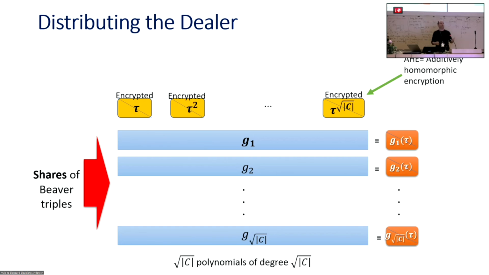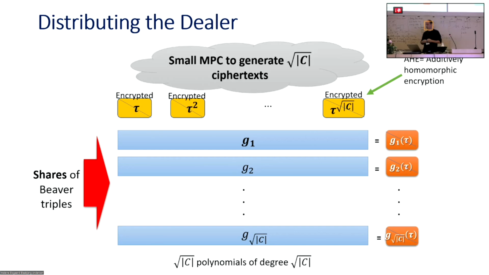So if we look at this process, where do the parties need to interact? First of all, the parties need to generate encryptions of the powers of tau. But because the size here is sublinear in the size of the circuit, we can use any general MPC to generate this square root amount of ciphertexts, and this will result in a square root cost.